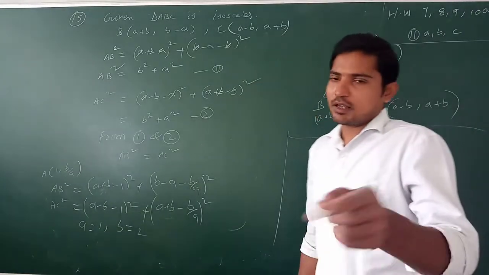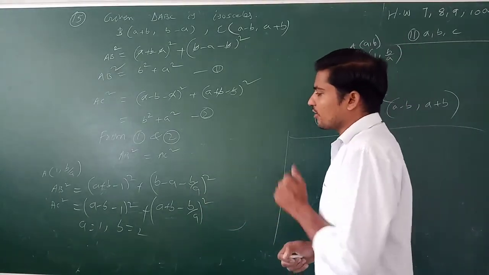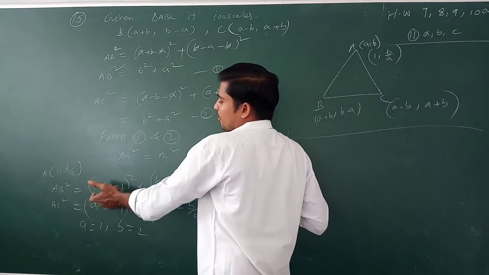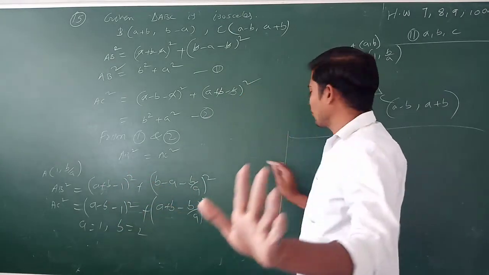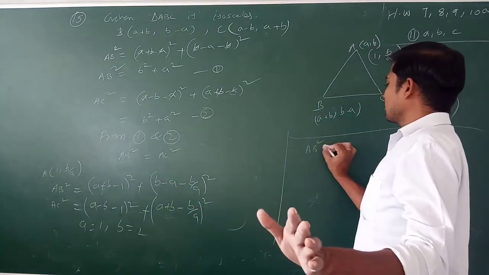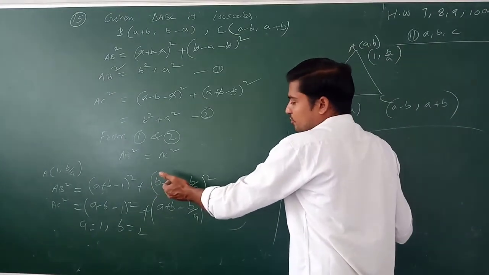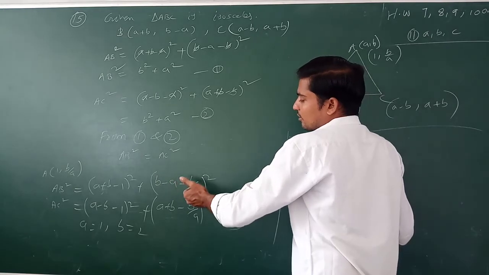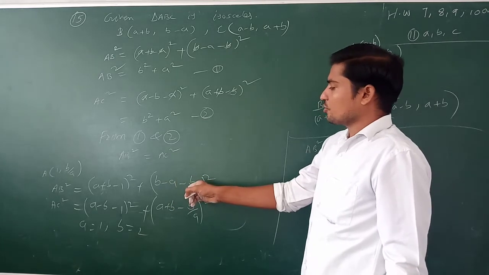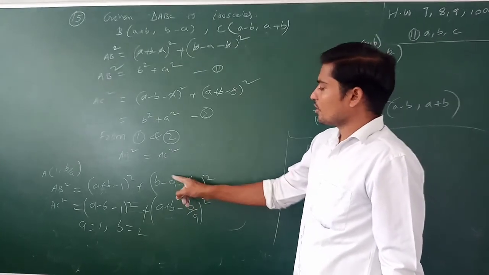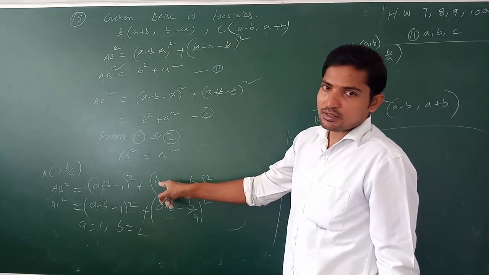Instead of that, I am using A is equal to 1, B is equal to 2. I am substituting here. Then what happens here? A is equal to 1 and B is equal to 2. 3, 3 minus 1 is 2. 2 whole square is 4. AB square equal to 4 plus, see, 2 minus 1 is 1 and 2 by 1 is 2. See, 1 minus 2 minus 3 and this is plus 2.